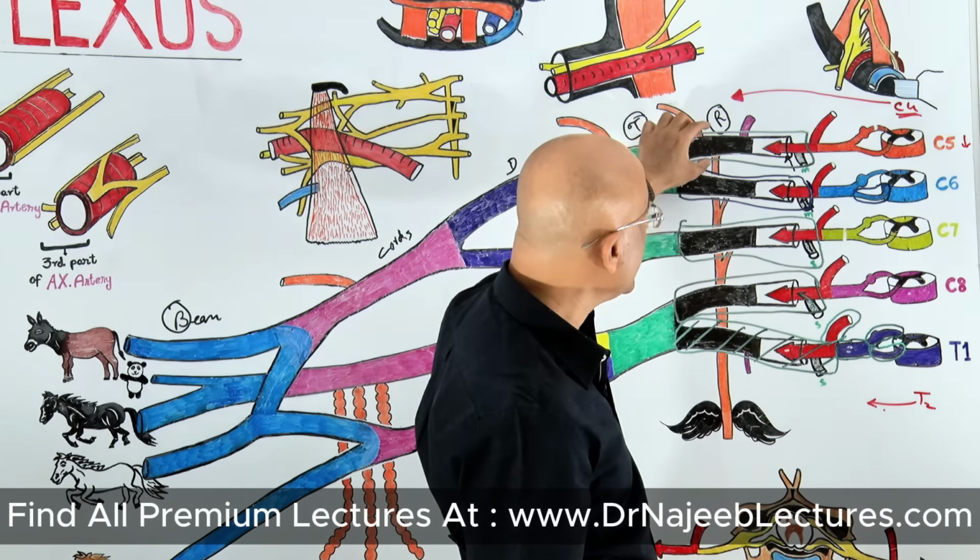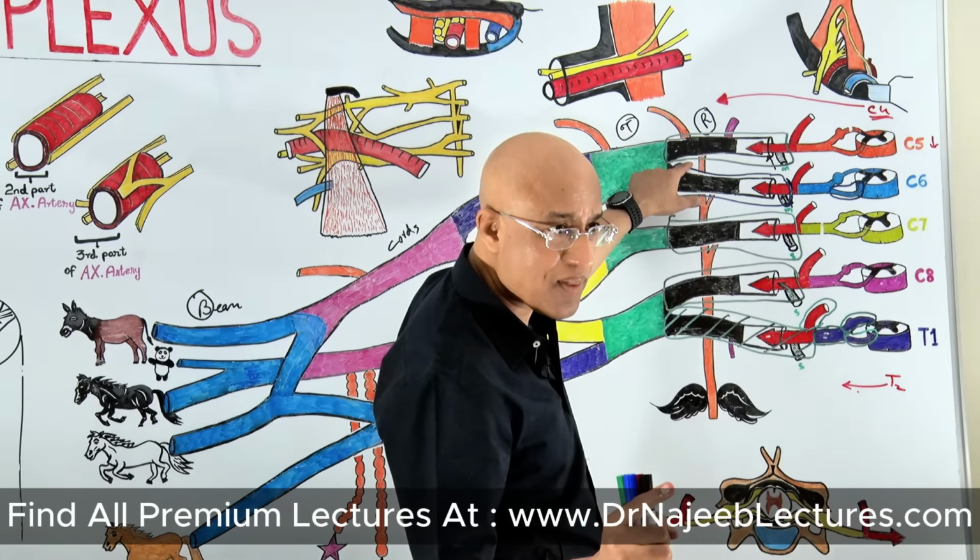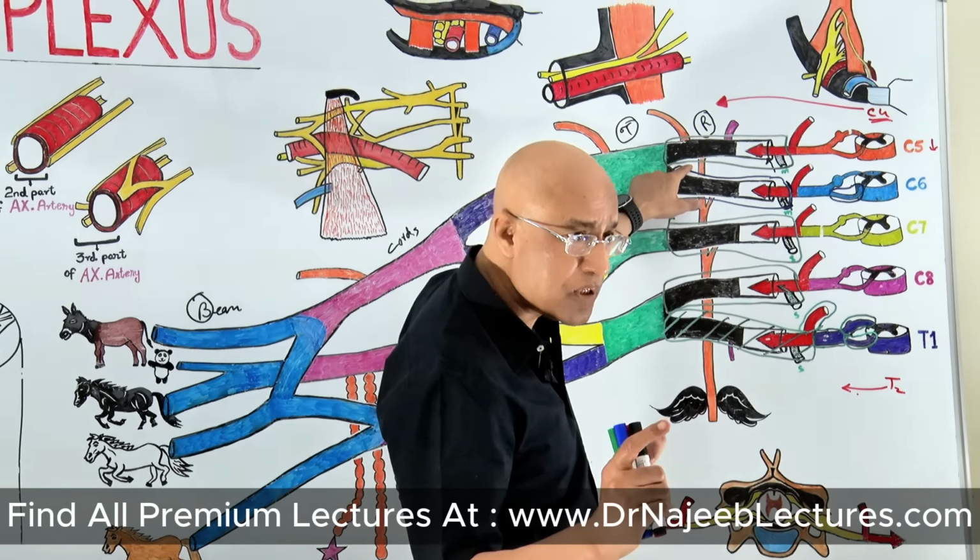Spinal cord roots are ventral root and dorsal root, right? And ventral are purely motor and dorsal are purely sensory. But when we talk about what the roots of the brachial plexus are, we will say these are anterior rami having mixed neuronal fibers, majority somatic fibers.